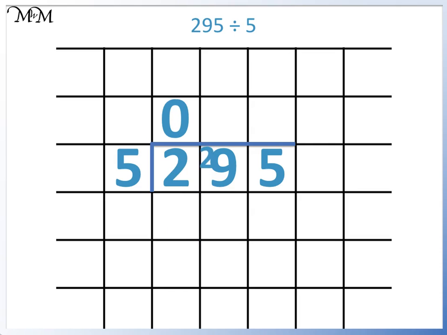We now have 29 divided by 5. 5 goes into 29 5 times, because 5 times 5 equals 25. And we have a remainder of 4. We write this 4 next to the 5. 45 divided by 5 equals 9. So 295 divided by 5 equals 59.